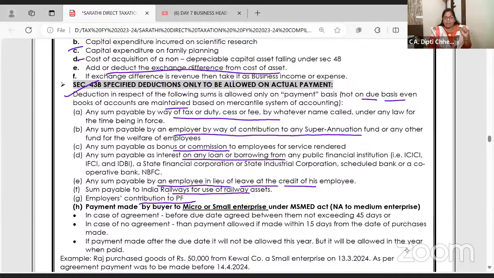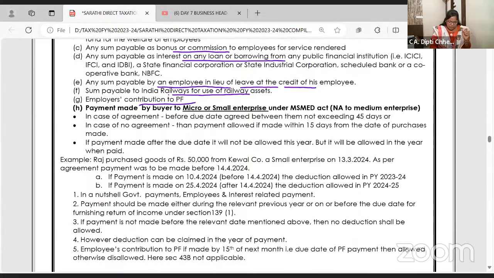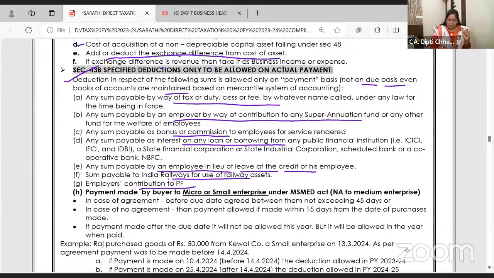Okay? Employer's contribution, I want to repeat, is worked as per this. I want all of you to write here: refer section 36. In section 36, I have given employees' contribution to PF. If not paid this month, it has to be paid by 15th of next month. Otherwise, disallowed. There we will not wait till 43B.